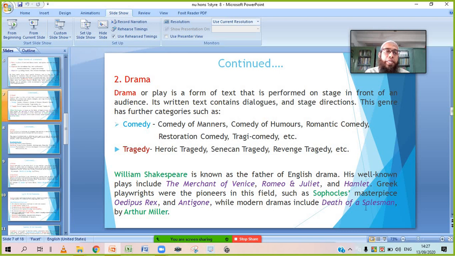Modern dramas include Death of a Salesman by Arthur Miller. There is also the modern dramatist George Bernard Shaw, and Man and Superman and Arms and the Man are famous modern dramas by George Bernard Shaw. So these are the categories and these are the dramas.